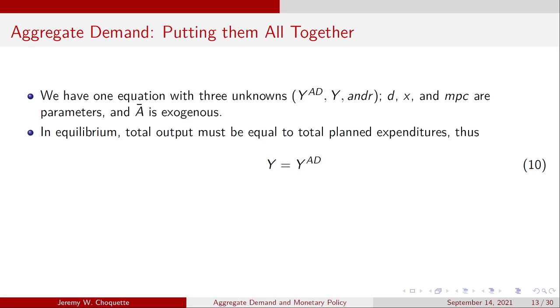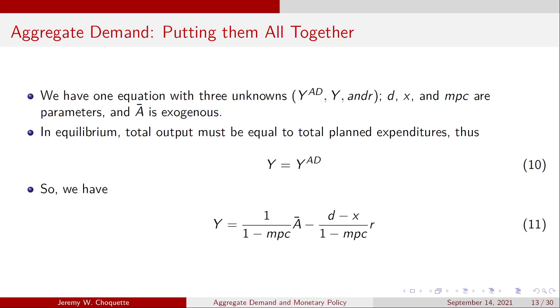So in equilibrium, total output has to be equal to total planned expenditures. So this implies that Y equals Y AD. Right? So in that case, I put some things together and jumbled some stuff around. Don't worry how I did it, you don't have to do it. But we get this, which is expressed in equation 11.